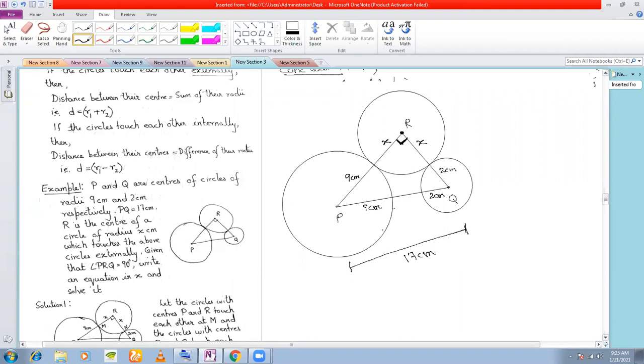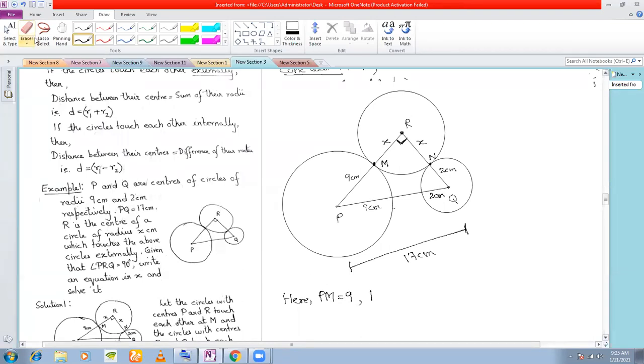Now, this is a very easy question. If I call this point of contact of the two circles M, and this other point of contact N, what are the lengths? PM is equal to 9 centimeter.